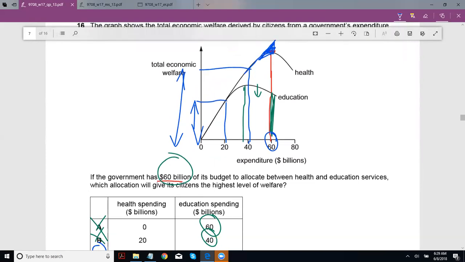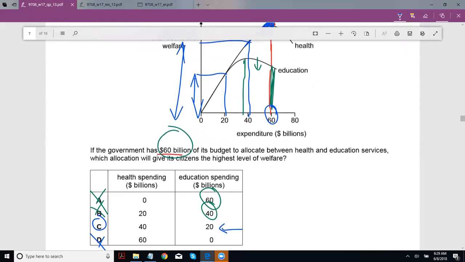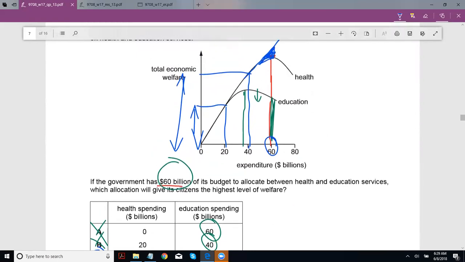Now, if you go with this option where you're putting 20 on education and 40 on healthcare, what happens is you get all of the benefits. The rate of increase of total economic welfare doesn't go down. So you get a straight line for education, you get a straight line for healthcare, and that will ensure that you get the highest total economic welfare.